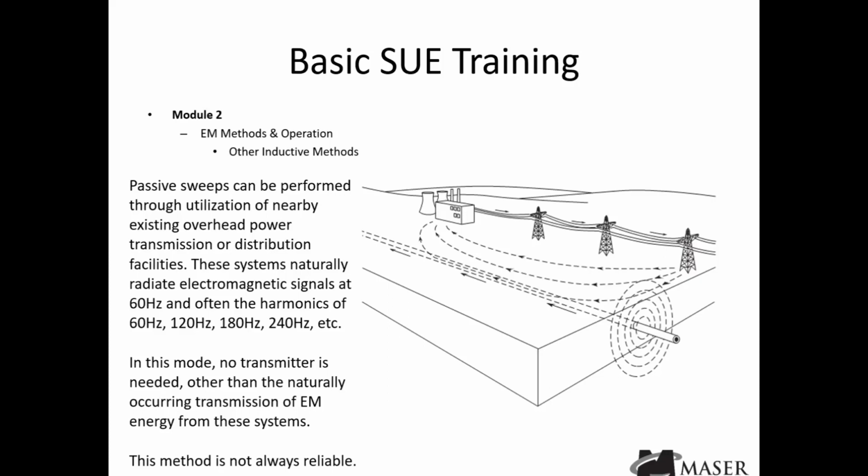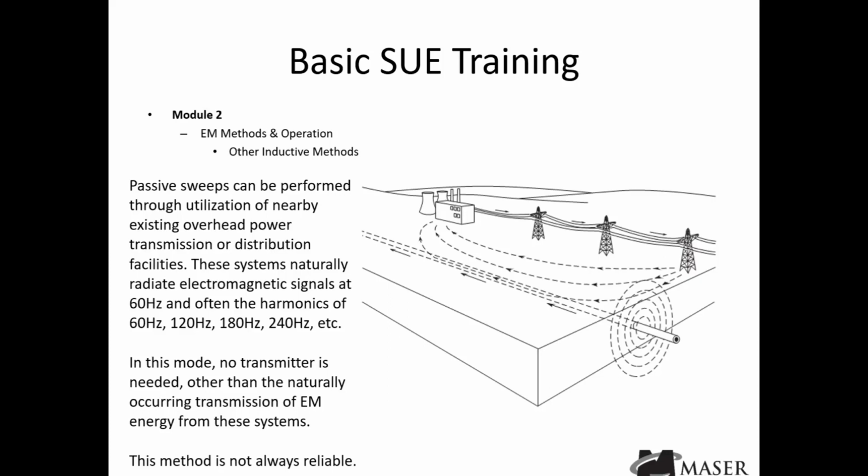And so you can diagnose current direction again by that. And then that signal will be picked up and re-radiated by conductive facilities in the ground, and again, based on AC theory, that signal will propagate in the opposite direction that it is flowing on the lines that are in the air.